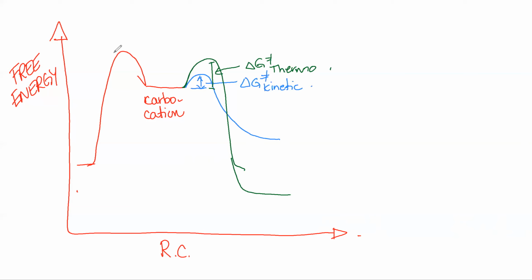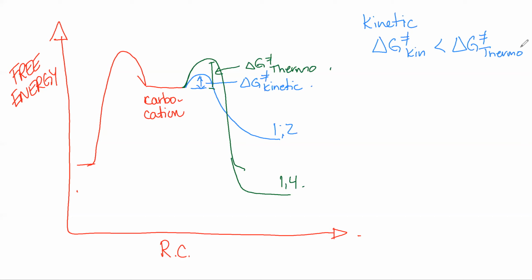So when reactions are under kinetic control, you will form this, which would be the 1,2 product, in green. So the delta G dagger kinetic is less than delta G dagger thermo.